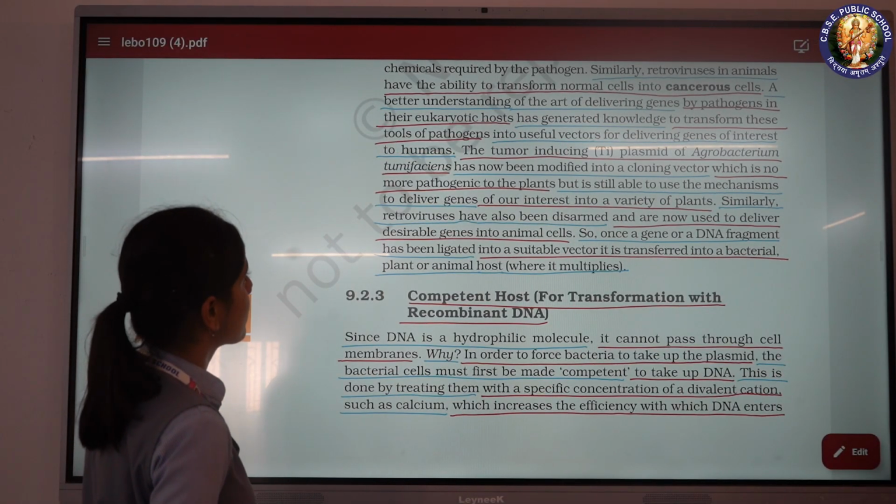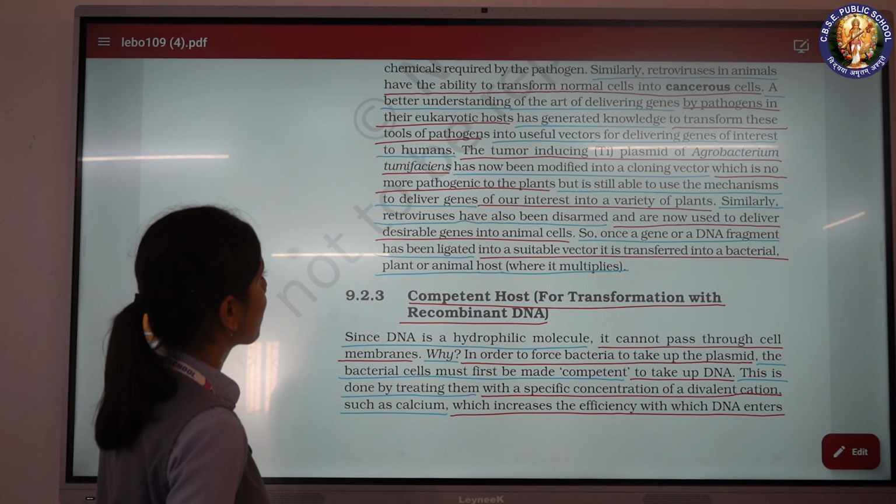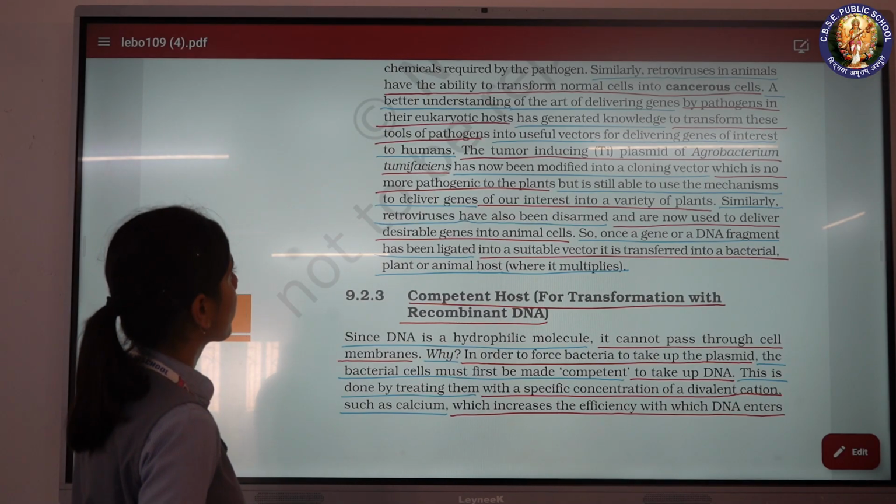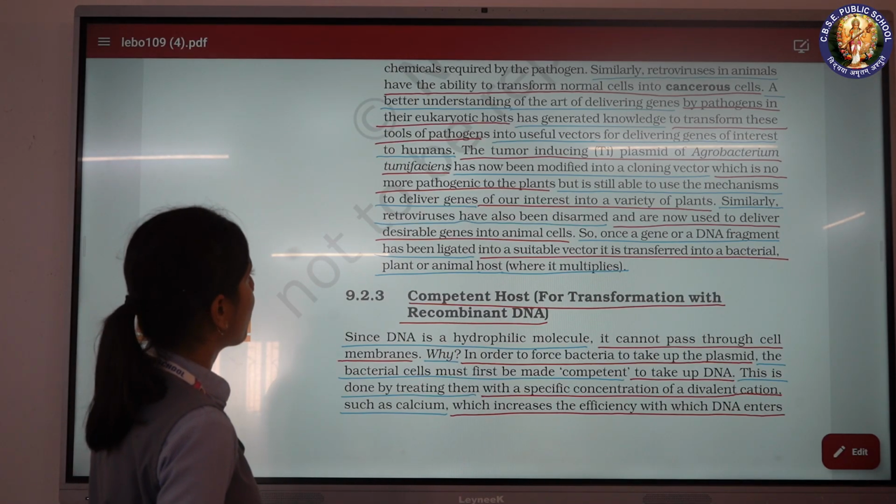Similarly, retroviruses in animals have the ability to transform normal cells into cancerous cells.